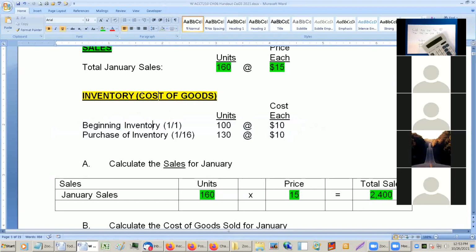The inventory is the cost of goods, and we have to know the cost of the goods that we sold. So notice we didn't sell all of these. We only sold 160, and we have a total available is.